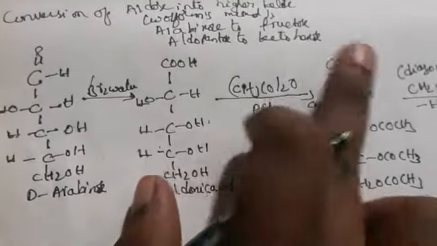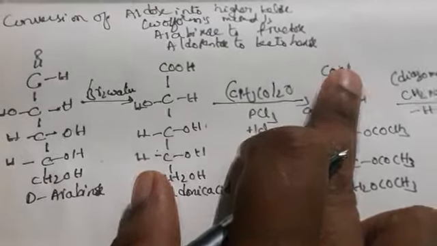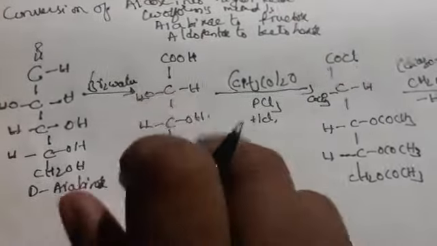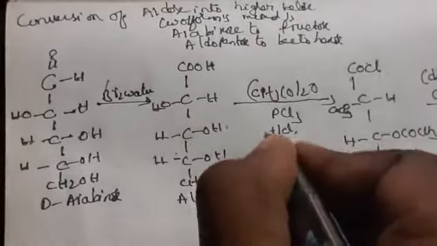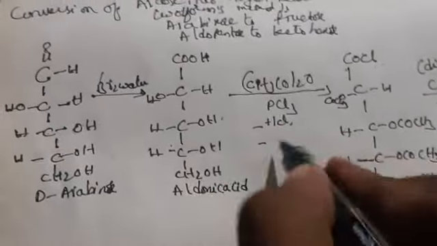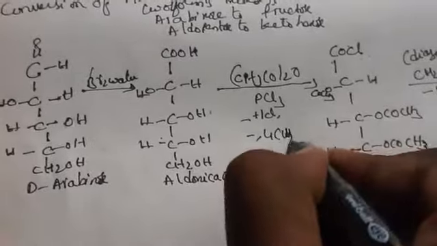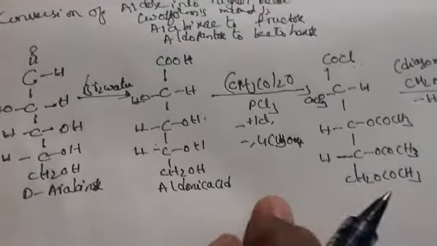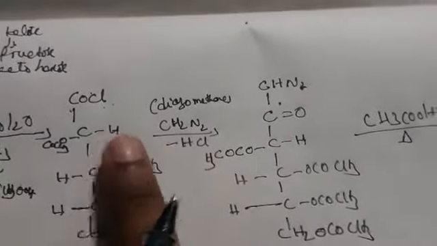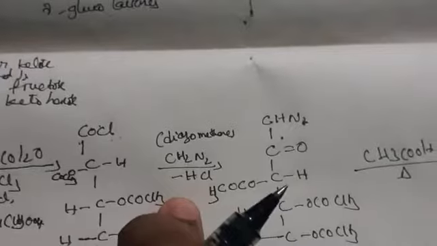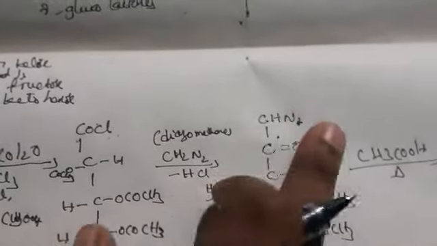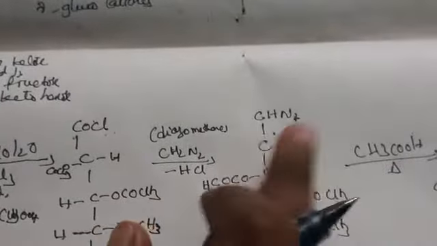So you will be getting COCl, and the remaining hydroxy groups are changed to OCOCH3, and there will be a loss of 4 CH3COOH also. So when you add diazomethane to this compound, automatically what happens here, H plus, here Cl, minus HCl will be lost. So the remaining compound comes and adds here.